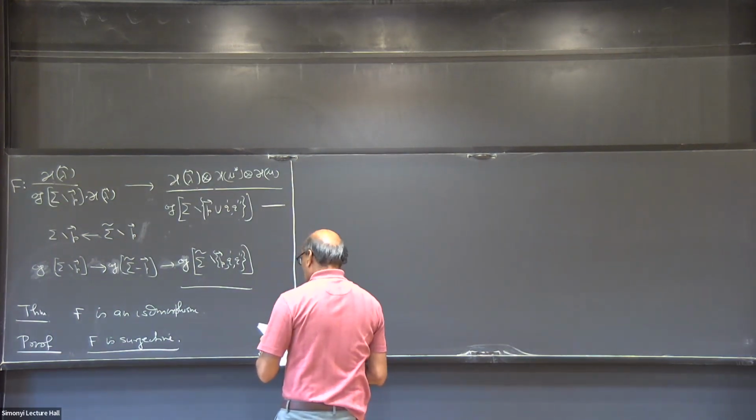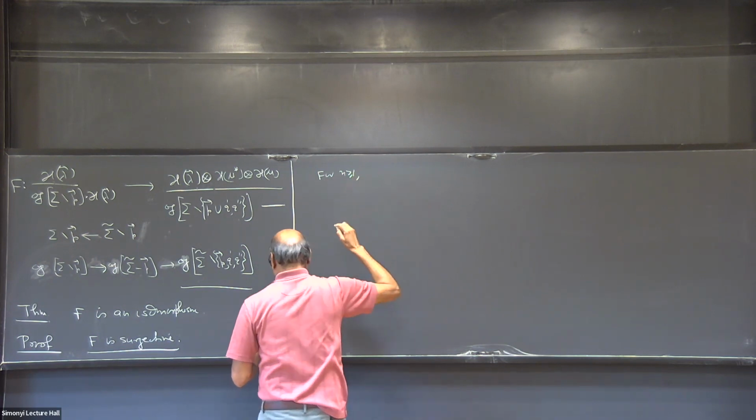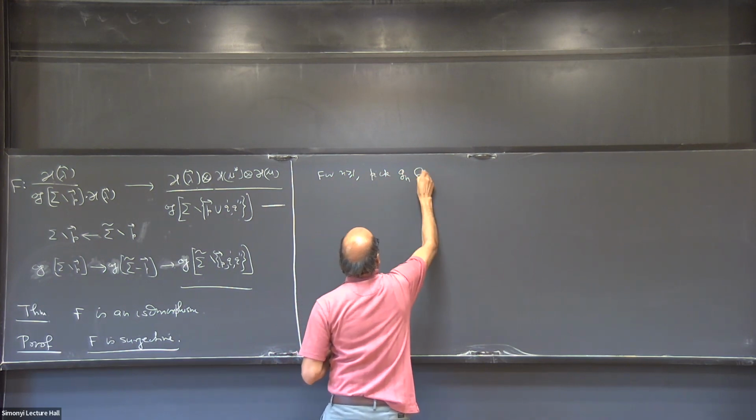So for any n bigger than 1, let's pick a function g_n.